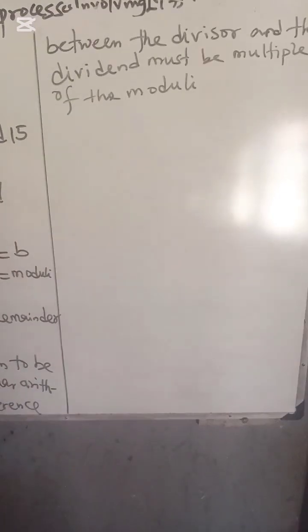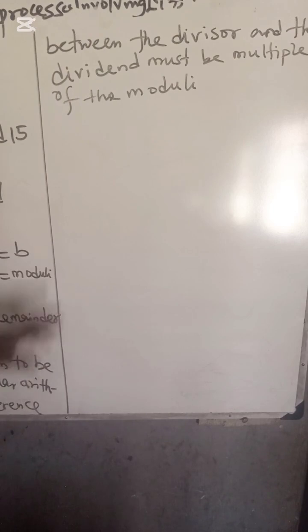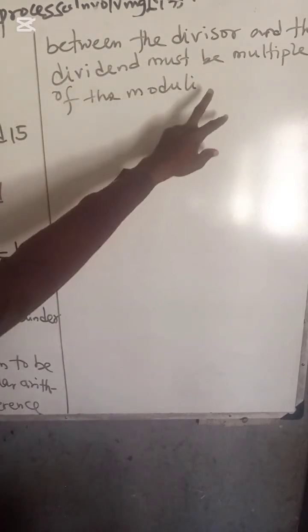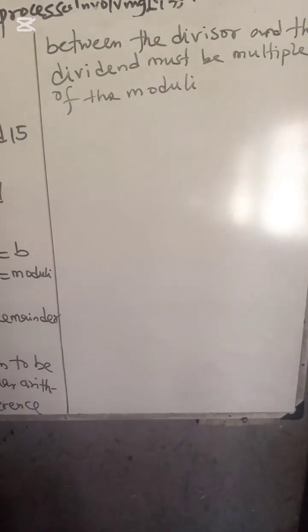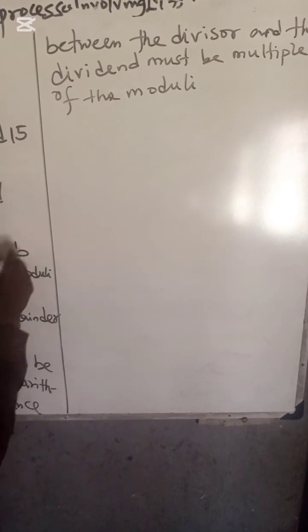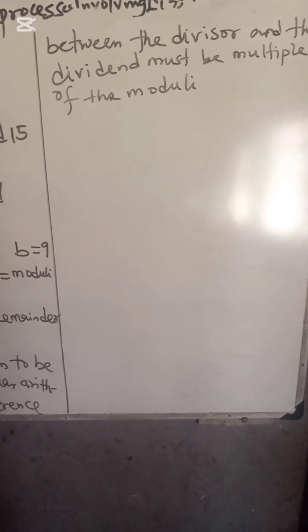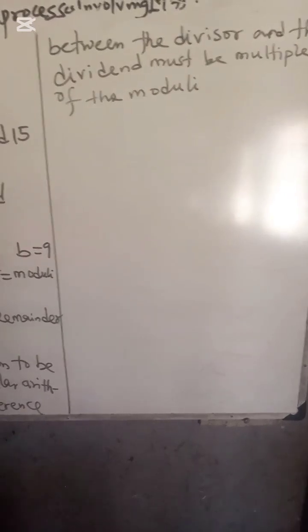We can see it's saying for division to be possible in modular arithmetic, the difference between the divisor, what's our divisor here, is 6, and the dividend, what's our dividend here, we stated it here, 9. We say B equals 9, must be a multiple of the moduli.